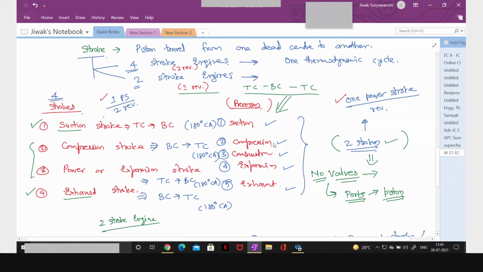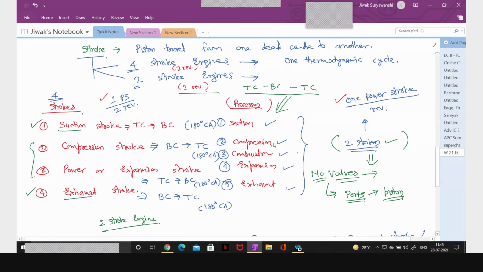But if you see nowadays, we have stopped using two-stroke engines. Generally we used two-stroke engines for motorcycles, bikes, scooters. But now almost all the two-wheeler manufacturers have shifted from two-stroke to four-stroke engines in their two-wheeler applications.